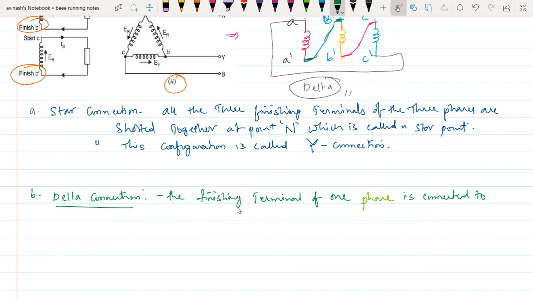The finishing terminal of the first phase is connected to the starting terminal of the next phase. Hope you understand this point. Thus, all the three phases form a loop.